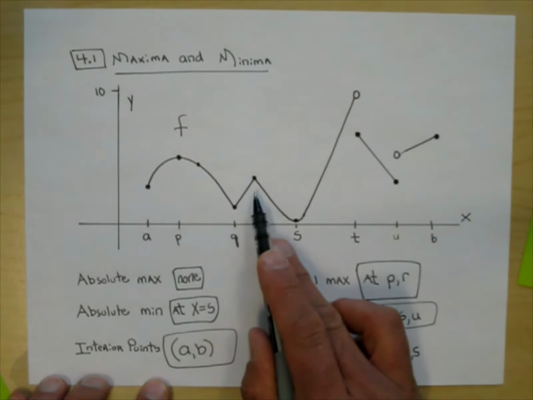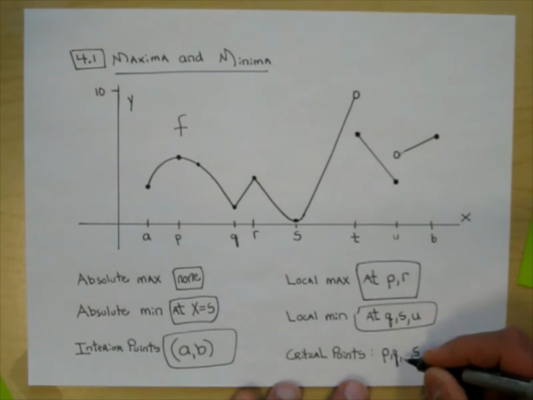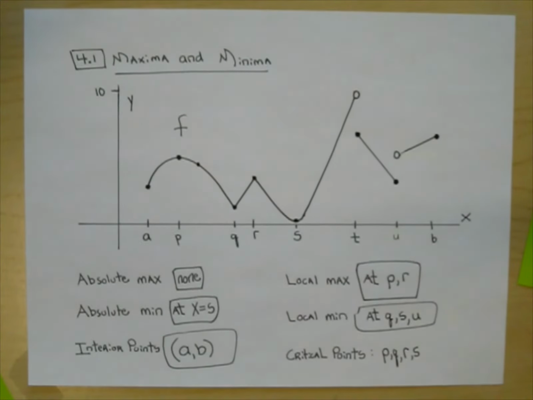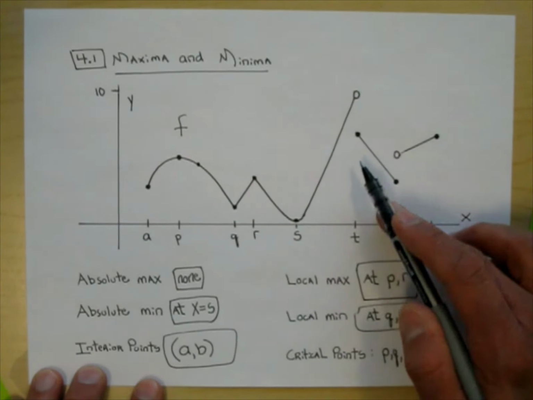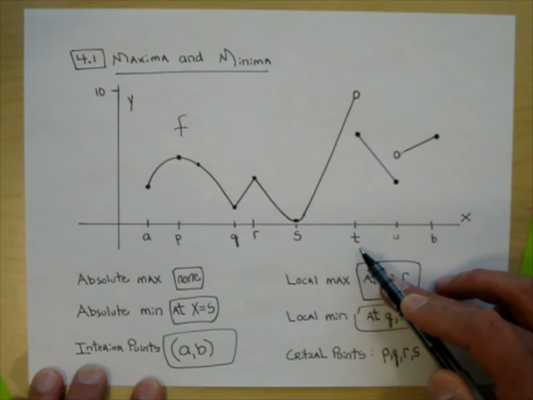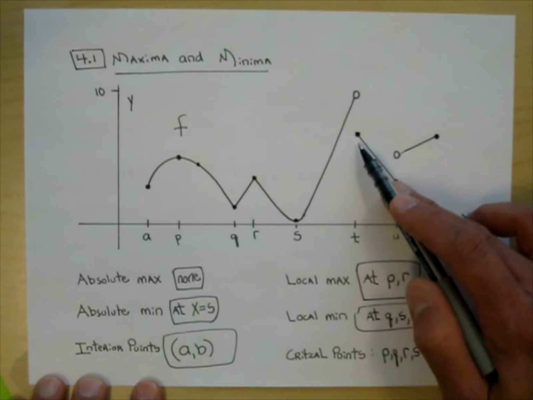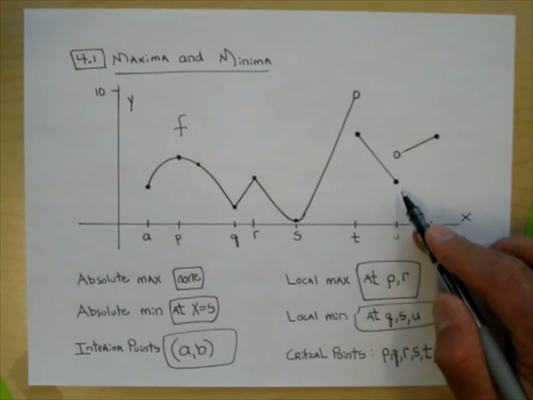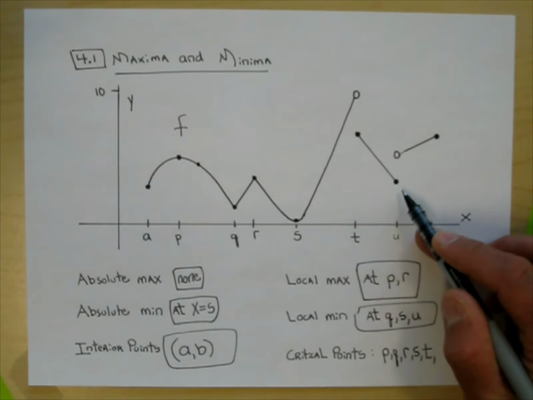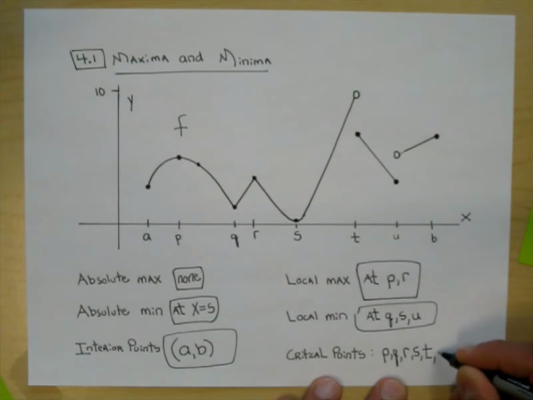We have another corner up there at R. The derivative of this graph does not exist at T, and T is an interior point because it has graph on both sides. So there's a critical point at T, and also it's discontinuous at U as well.